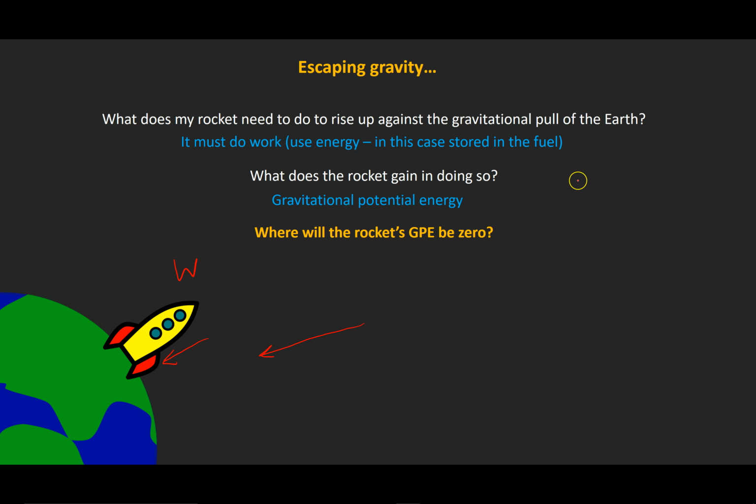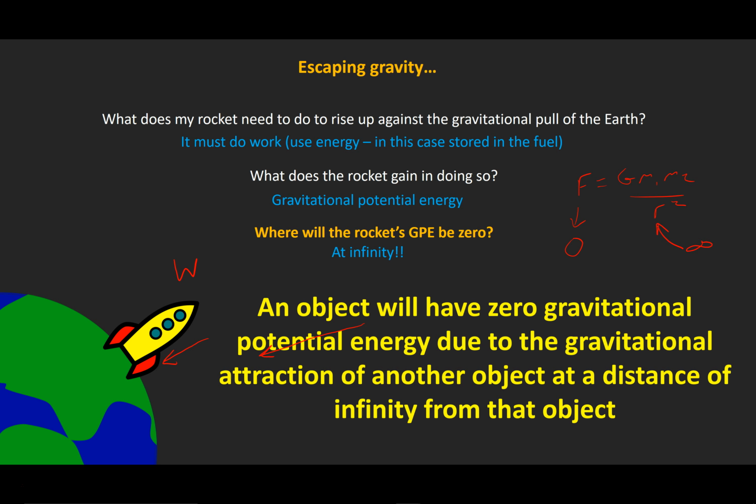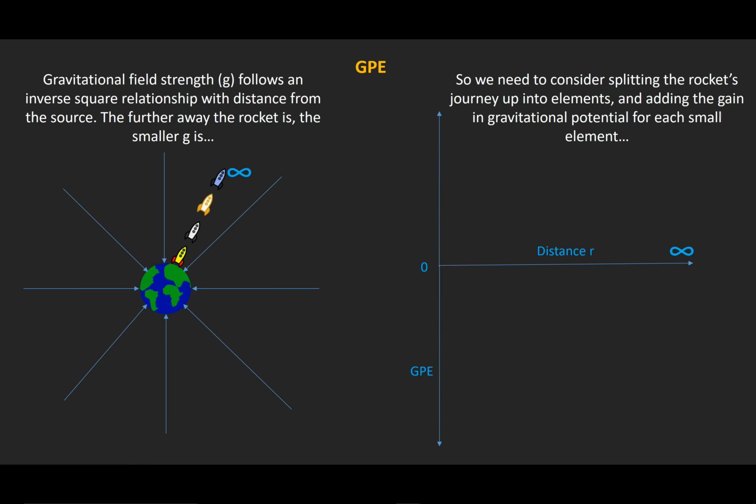And we know that Newton's law of gravitation, F equals G m1 m2 over r squared, the only way we can get that F to be zero is if we make r infinity. So, gravitational potential energy is zero at infinity. And that's an important concept for how we visualise our gravitational potential energy.